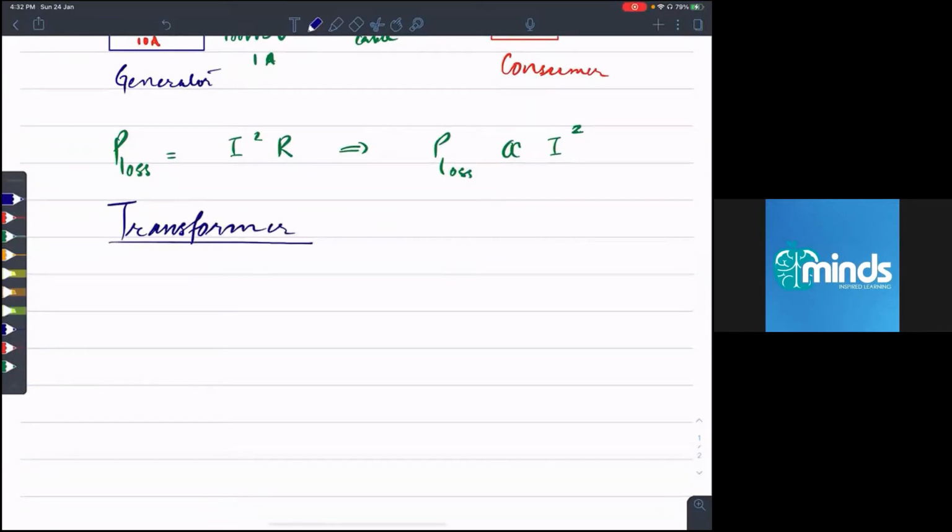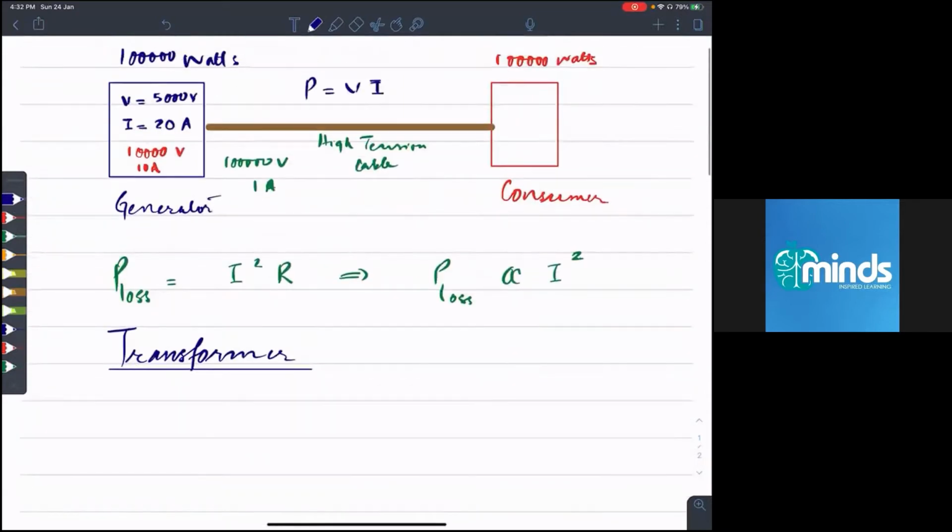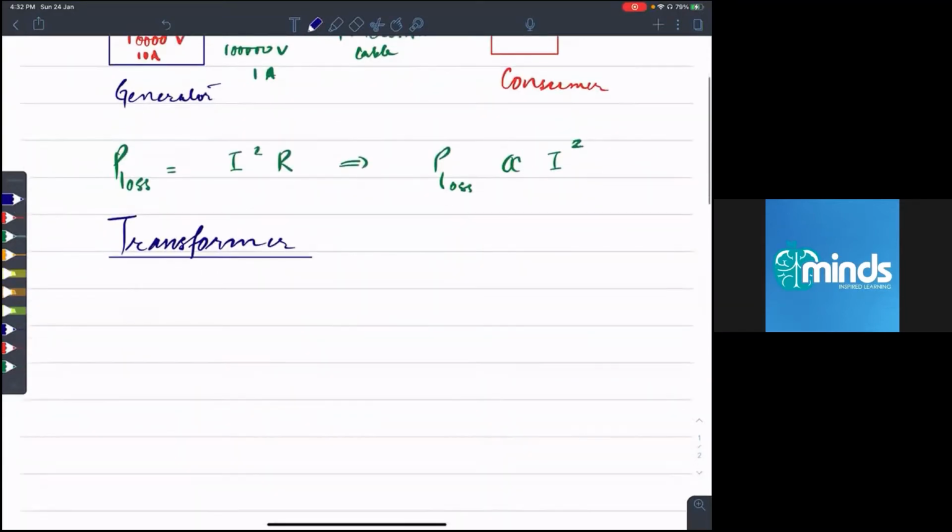If anyone of you is a fan of the Transformers series, that has nothing to do with this transformer. So this device is known as a transformer. Transformers are of two types. One is known as step up, the other is known as step down. What is step up?